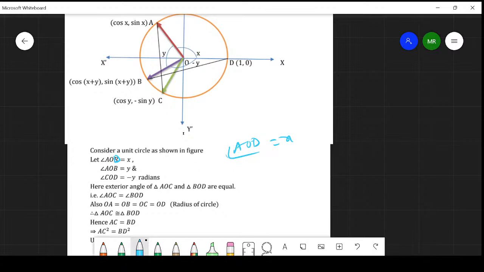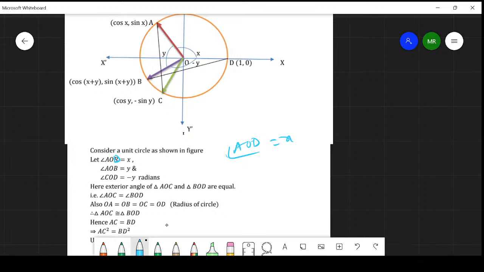Now consider the exterior angle of triangle AOC. Here we have two triangles, triangle AOC and another one, triangle BOD. These two triangles are equal. The radii of the circle, OA, OB, OC, OD, are all equal.